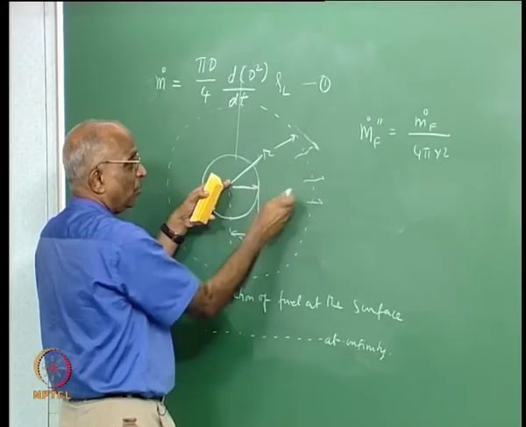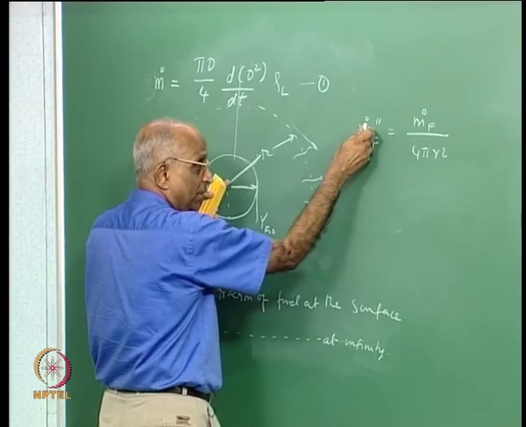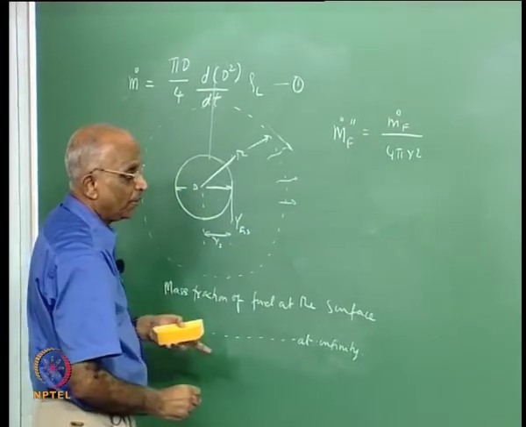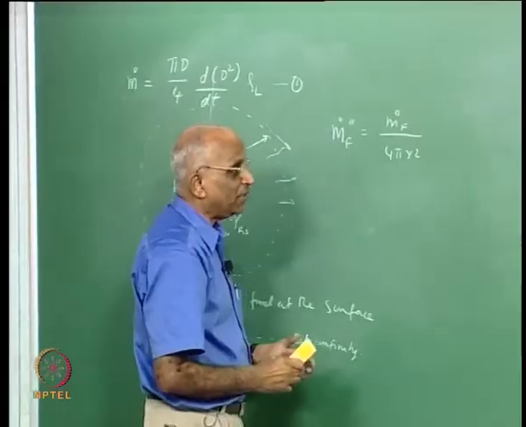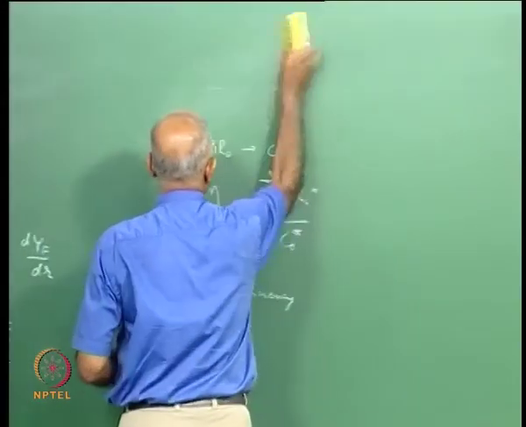This is the flux, this is the total area, this is the quantity in kilogram per second, and this is kilogram per second per meter square, therefore this is the value. From that equation, if I substitute it, let us finish it off on the extreme right side.